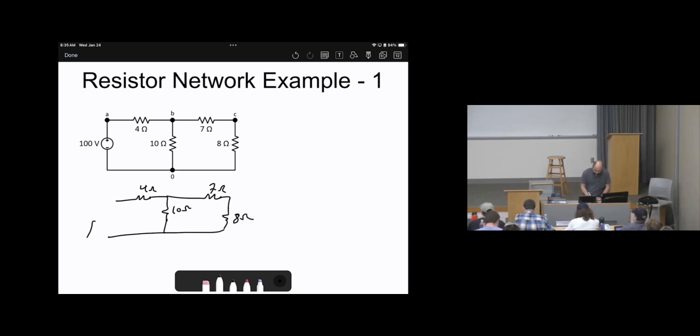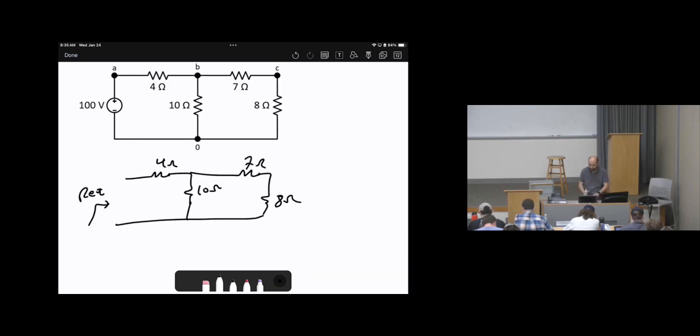My target is to calculate R equivalent at the source, so I just remove the source and calculate R equivalent. So how to find it? We need to label the nodes, then do series and parallel.